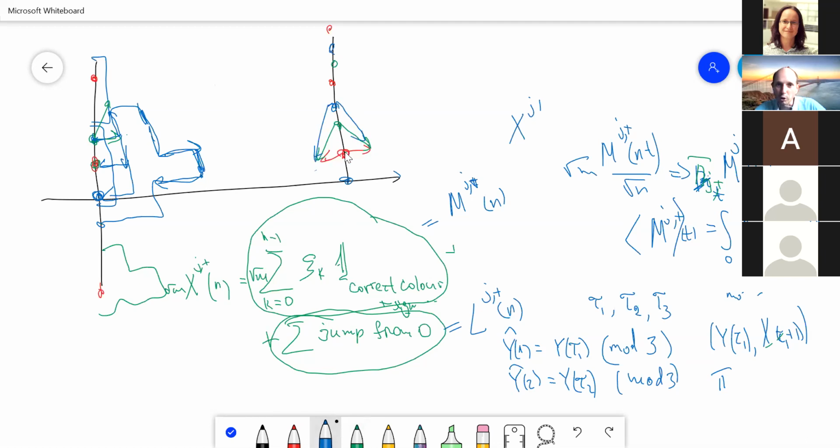So you are closer to the red point after you visit the membrane. So with higher probability, you will start in the red point than in green or blue. So there will be more excursions that start on red.